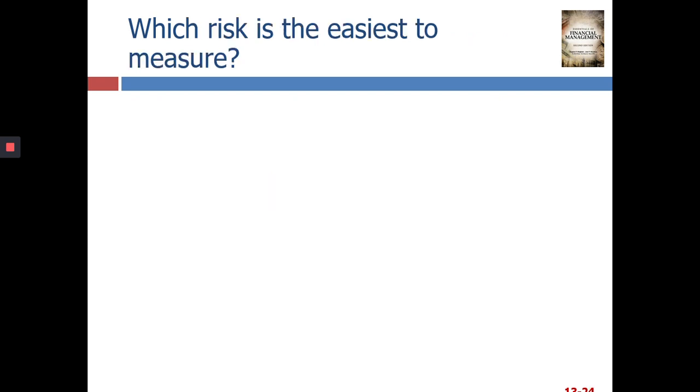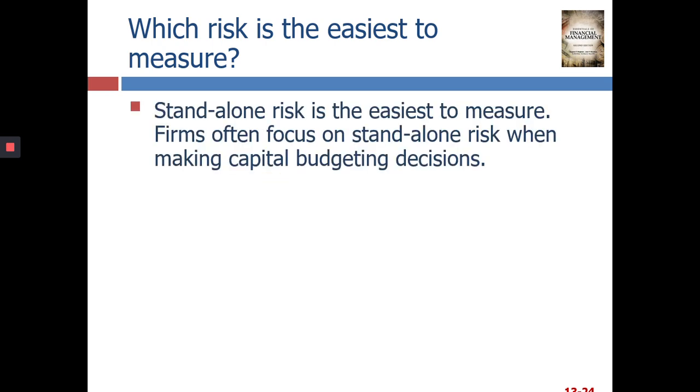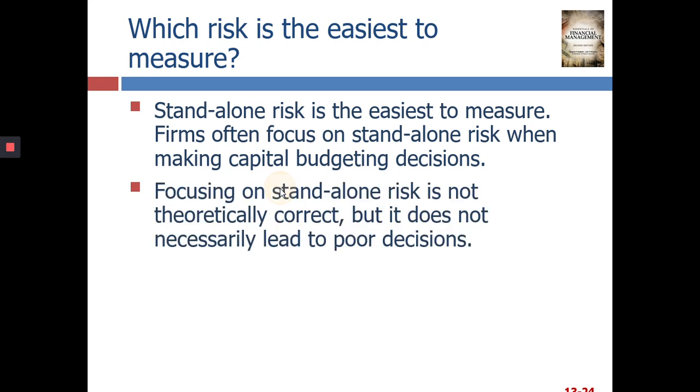So which risk is the easiest to measure? Of course, standalone, because you're looking at one particular project, which is an easier way of evaluating. But focusing on standalone risk is not theoretically correct, though it does not necessarily lead to poor decisions.